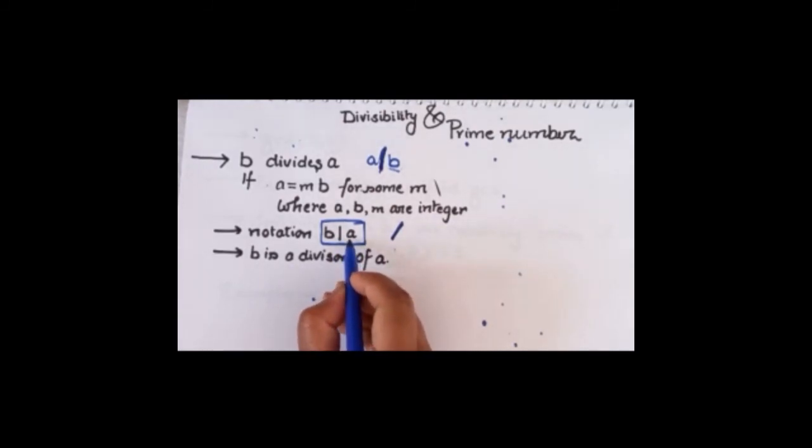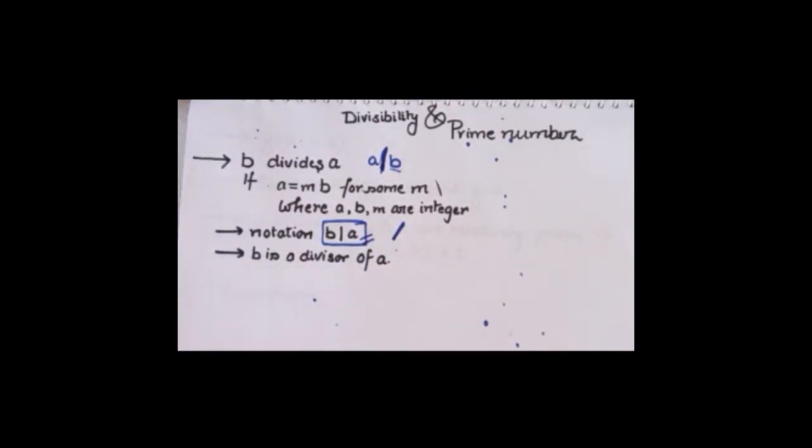This is the notation for b divides a, that is, b is a divisor of a. So this is the small trick for understanding the representation of b divides a.